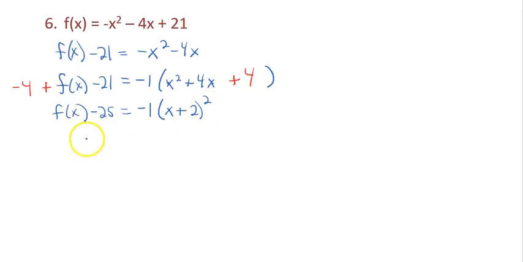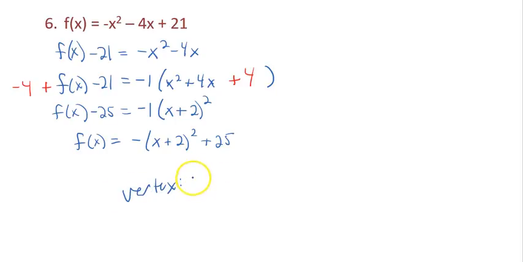And then I have to add the 25 back over. So I have negative, I'm just going to write the negative this time, x plus 2 squared plus 25. And from that, I can tell that my vertex would be at -2, 25. If I were graphing it, it would be flipped because of the negative.